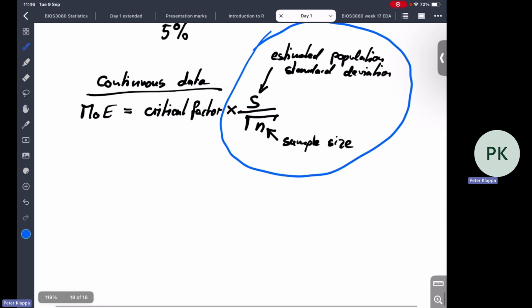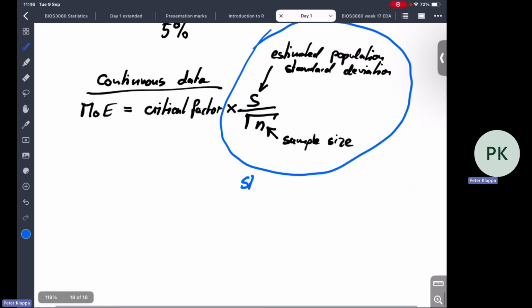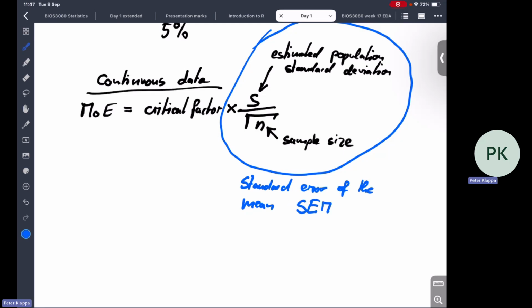It's called the standard error of the mean, or abbreviated as SEM, standard error of the mean.